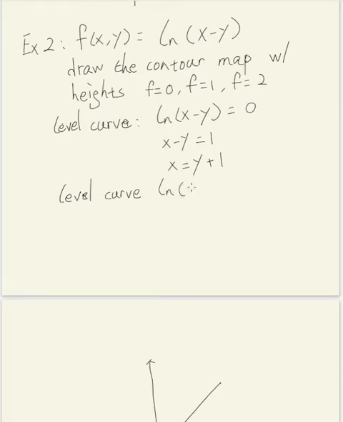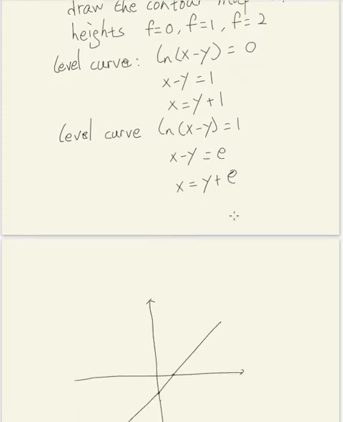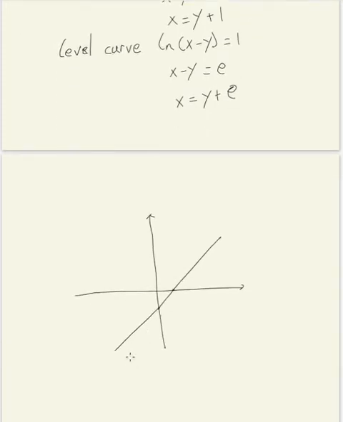ln of x minus y equals 1. Again, exponentiate both sides, you get x minus y equals e. x equals y plus e. It's once again a straight line, but lower.